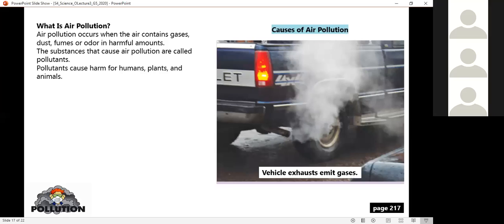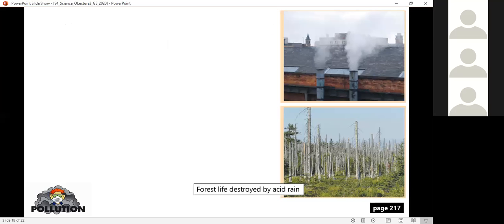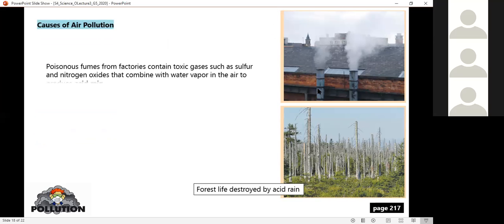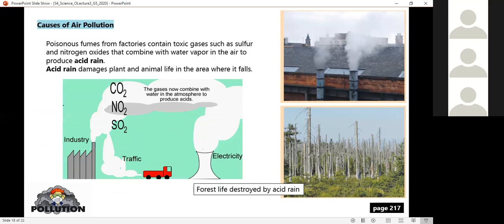Okay. So vehicles that use fuel release harmful substances into the atmosphere. So vehicles are a cause of air pollution. We'll talk here about acid rain.